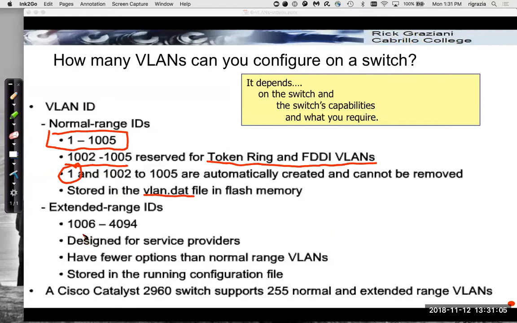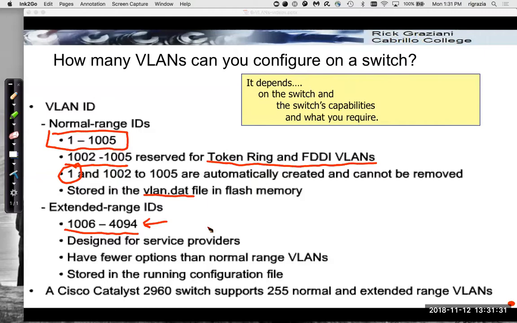There's also a group of VLANs called extended range VLANs, and that's 1006 to 4094. 4095 is reserved. The reason they came up with this number, as we'll see later, has to do with VLAN tags and the 12-bit VLAN ID associated with it.